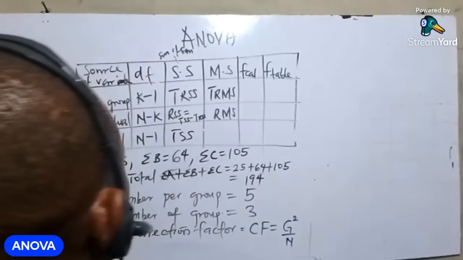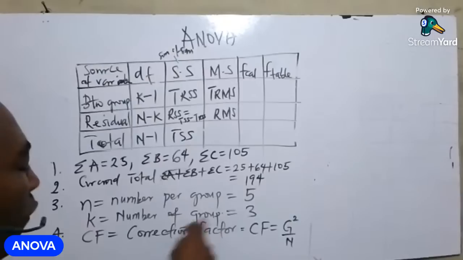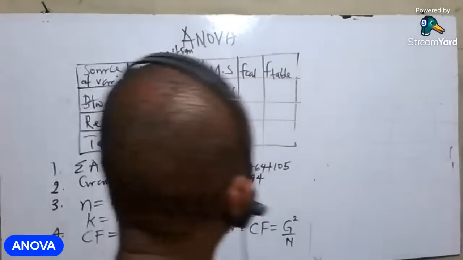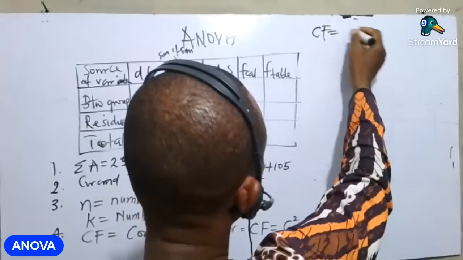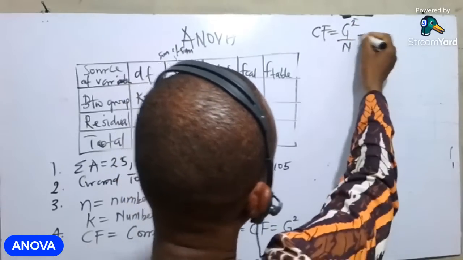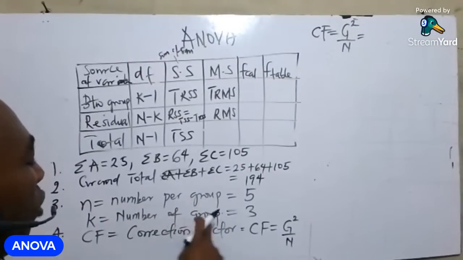The N simply means the number per group multiplied by the number of groups. So our CF is equal to the grand total squared over N.